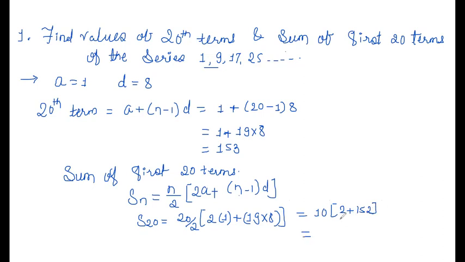By calculating, we get 154 into 10, so the sum of the first 20 terms is equal to 1540.